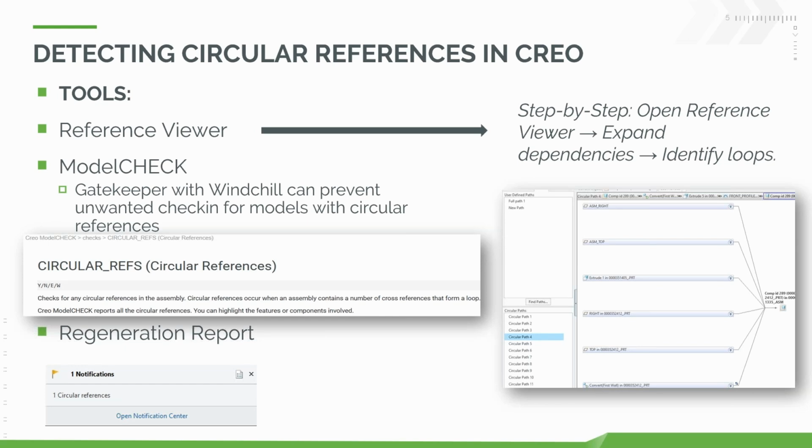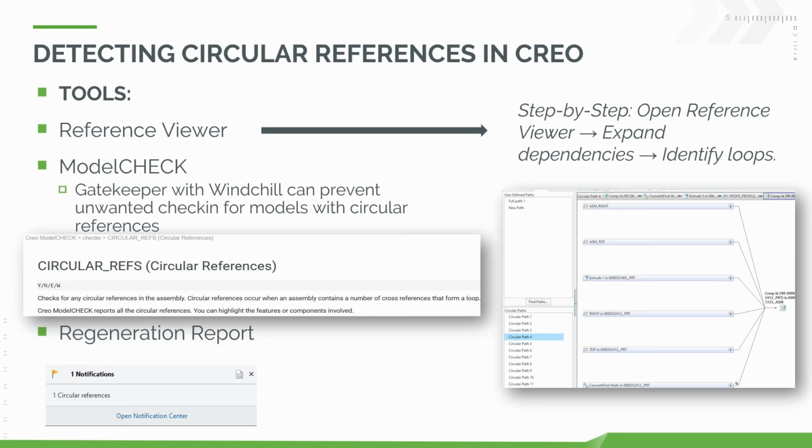Model check, it's another thing that people aren't necessarily familiar with, those of you with Windchill or those of you that are trying to add some control to your designs so that the parts and so forth must adhere to a particular standard can be used.